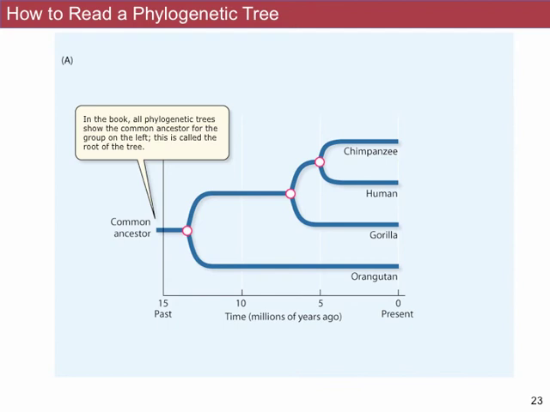So if we look at this tree, this branch represents a branch leading up to the common ancestor of all of these organisms here. This is also known as the root branch of a tree, and I'll come back to this in the second lecture later today to really get you to understand the different parts of a tree.